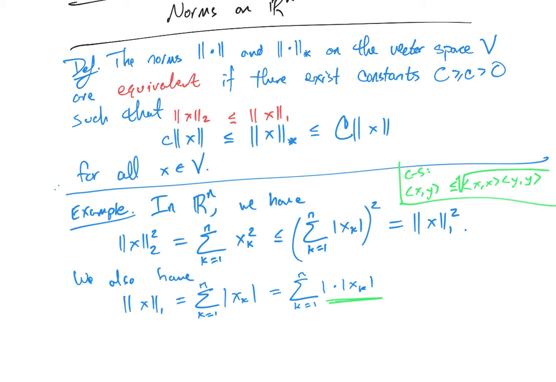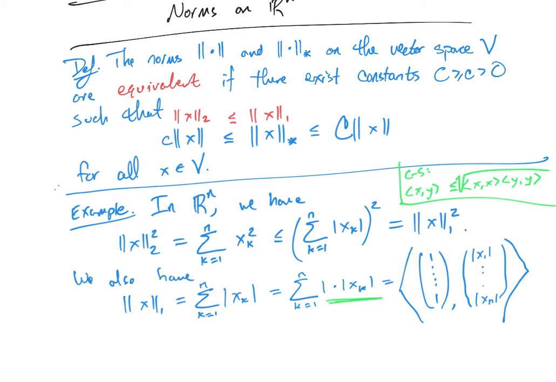So this is equal to the inner product of the all one vector with that absolute value of x kind of vector.